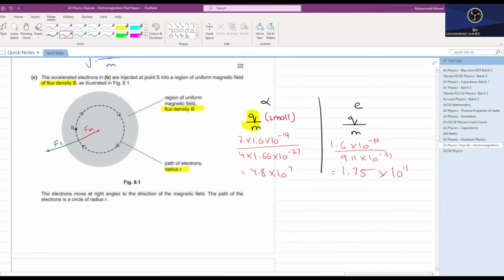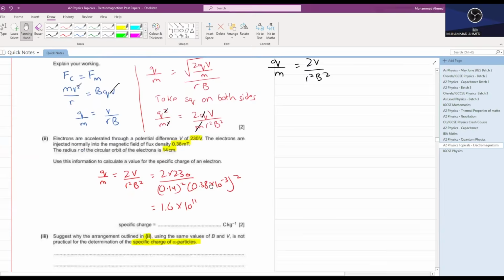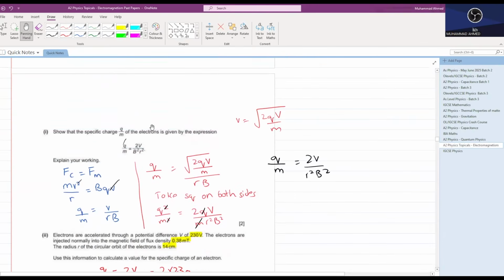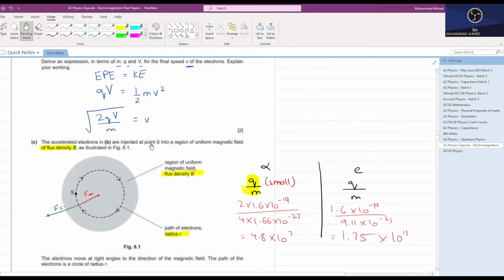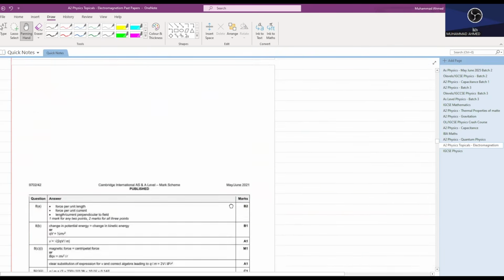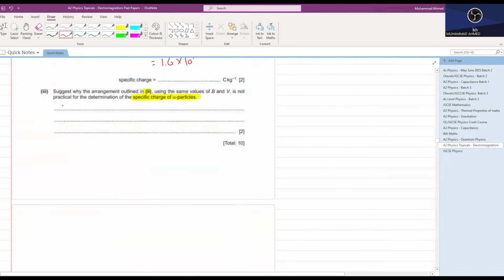What will that do? If this value q over m gets small, what will happen? Your radius will increase, and hence you can't accommodate alpha particles in this smaller circle. So, what will you write? The q over m for alpha particles is small.